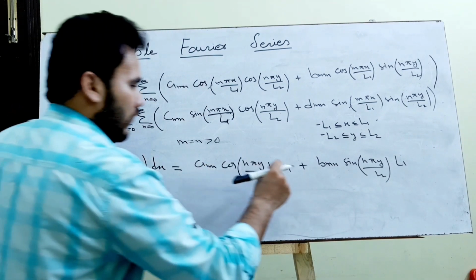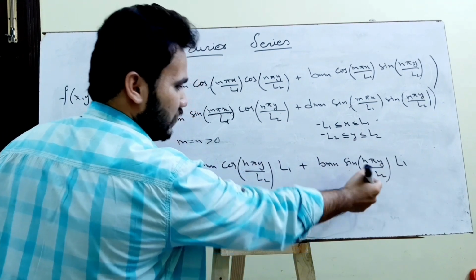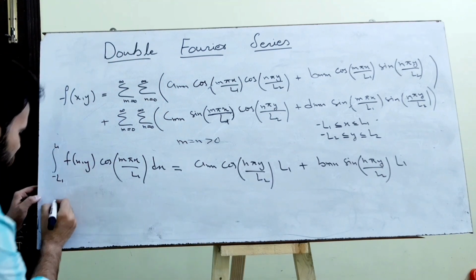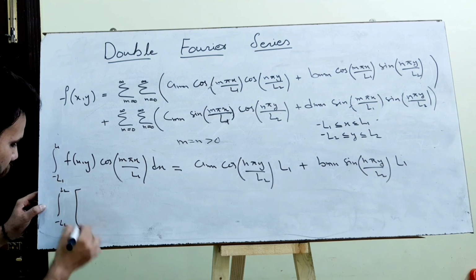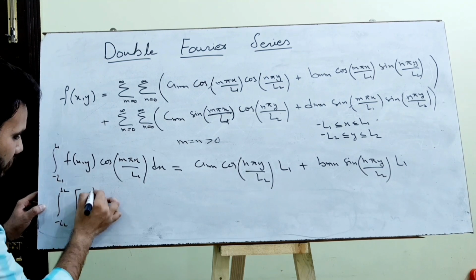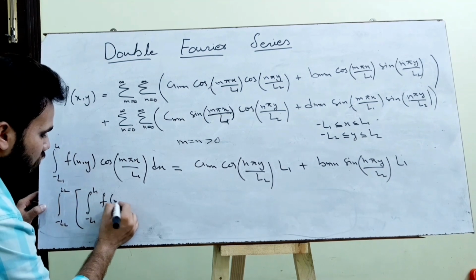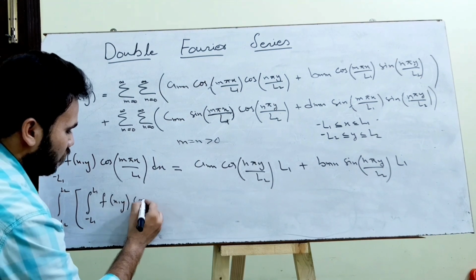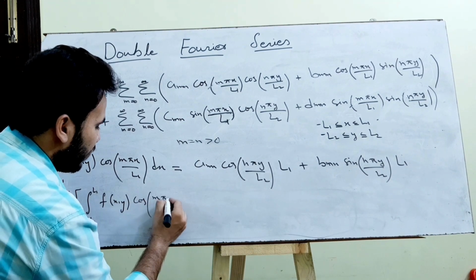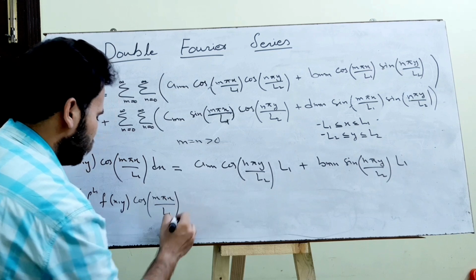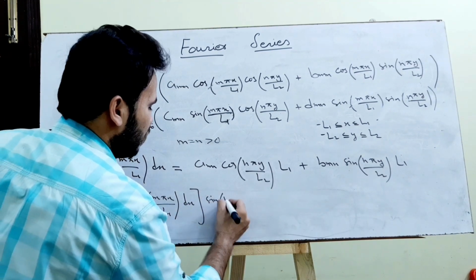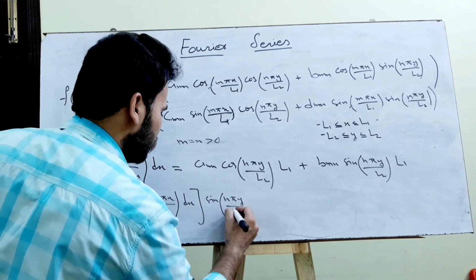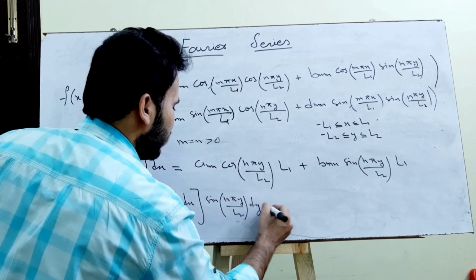Now I am taking the integration with respect to sine, so from negative L2 to L2 and negative L1 to L1, f of x comma y cosine m pi x over L1 dx times sine n pi y over L2 dy.